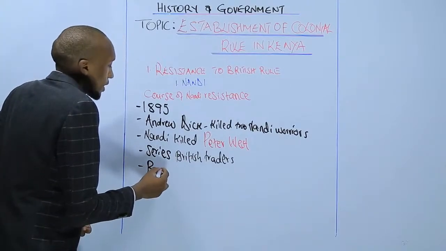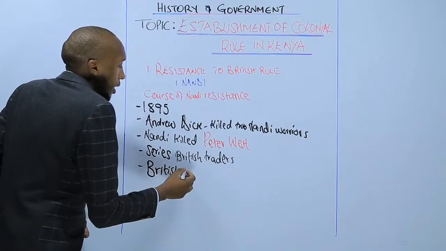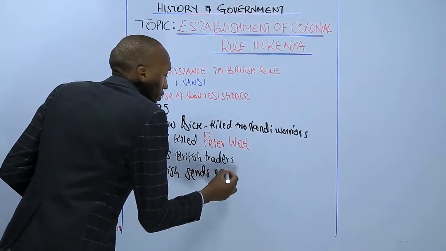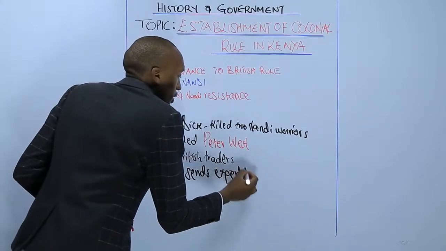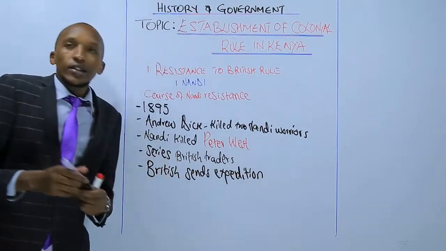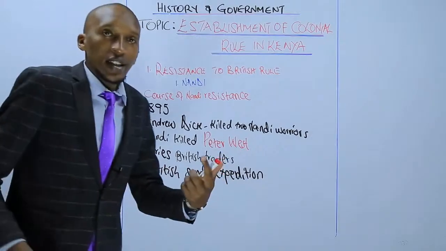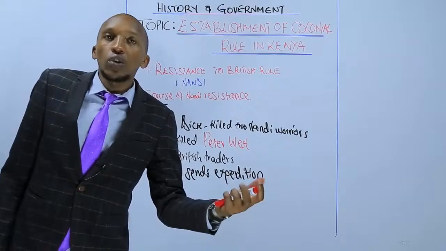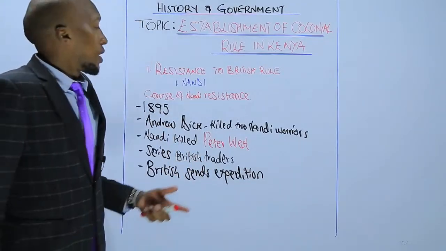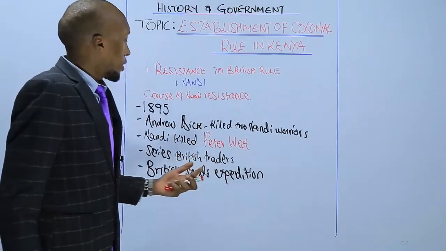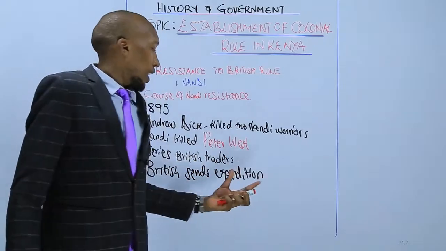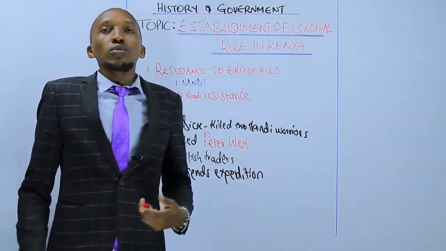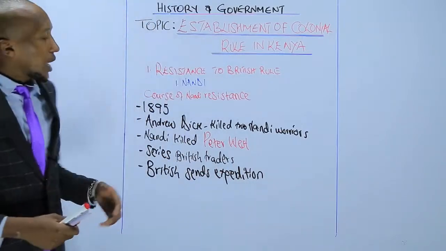So the British decided to send expeditions, and these are organized armies to go and try and fight against the Nandi, who every now and then were attacking the traders on their trading activities. But something to the detriment of the British, every time they sent an expedition, it was unable to conquer the Nandi, because the Nandi were well trained.